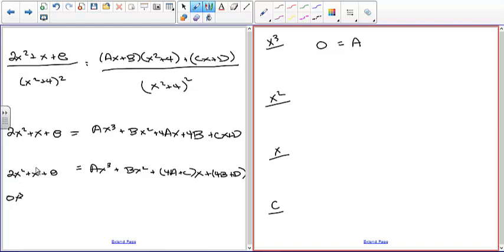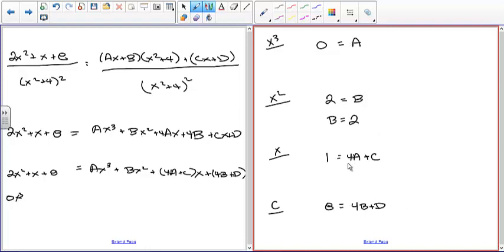The second one is 2x squared, and then you have bx squared, so that means 2 is equal to b, or b equals 2. For x, we have a coefficient of 1 in front of x, which equals 4a plus c. And for the constants, we have 8 on the left-hand side, and we have 4b plus d.